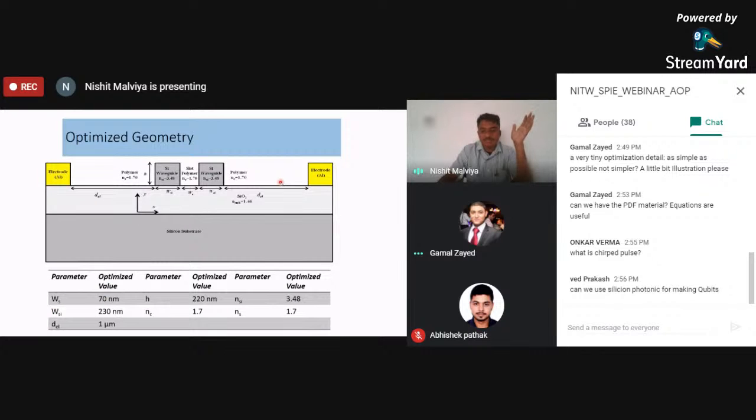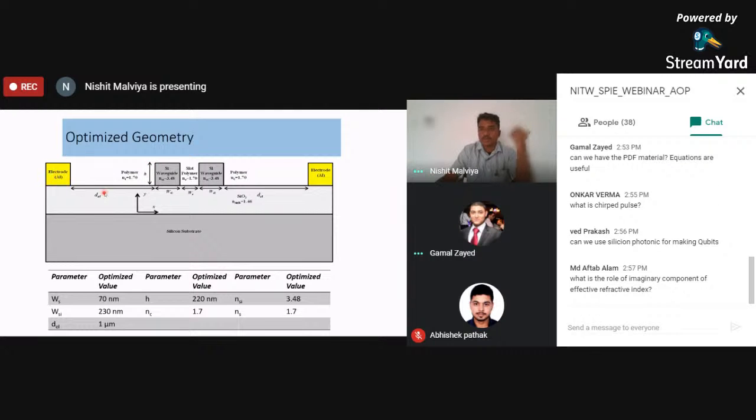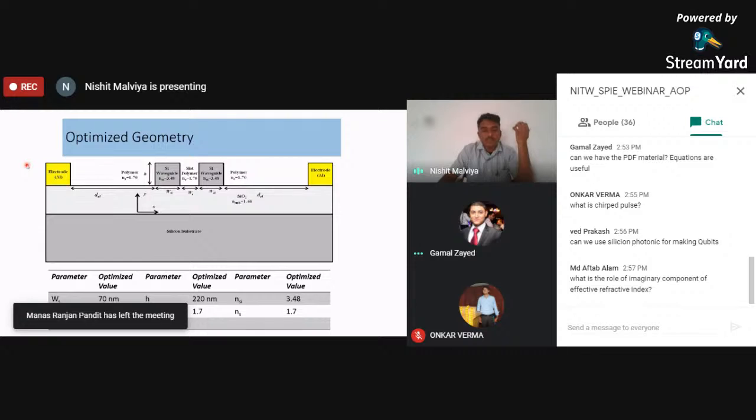In the second step, we have to optimize the distance of the electrode. When the electrode is placed very near to the silicon waveguide, the metal is very lossy and its absorption coefficient is very large. Most of the mode disappears and is absorbed by this metal layer.